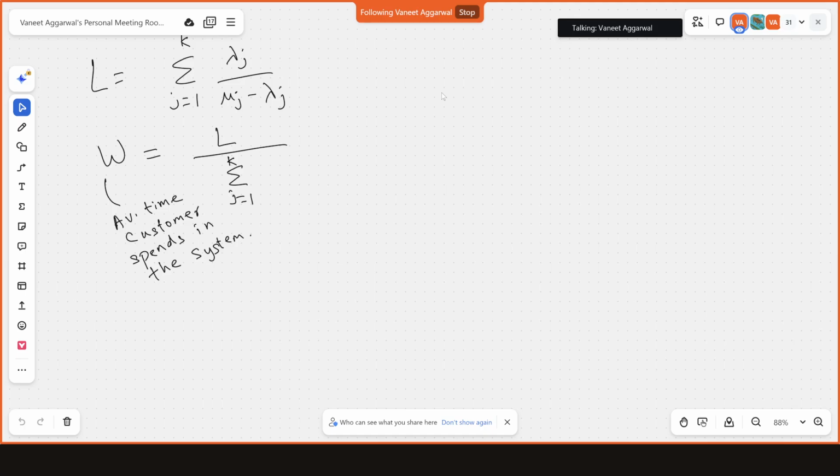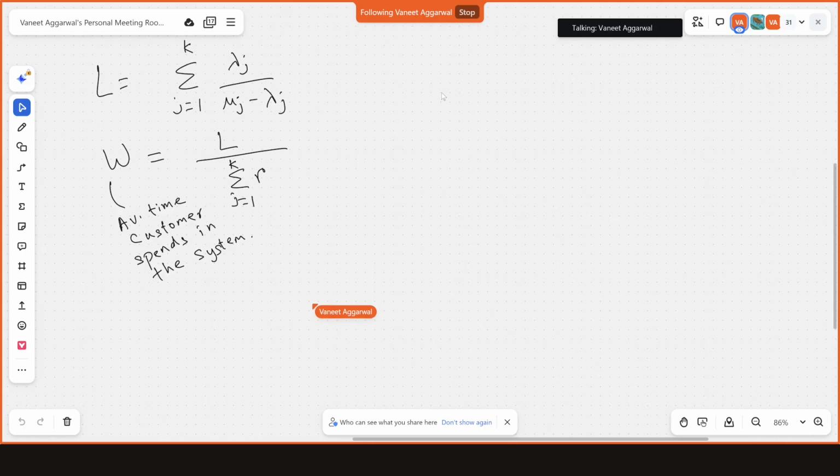It will only be external arrivals, because we are talking about the waiting time of an external arrival of a customer. So W is given as L divided by the summation of Rj. So this is basically how you can calculate L and W for an open queuing system.